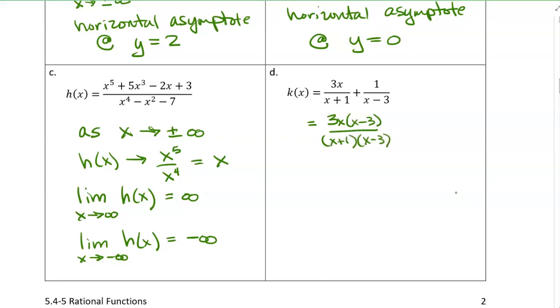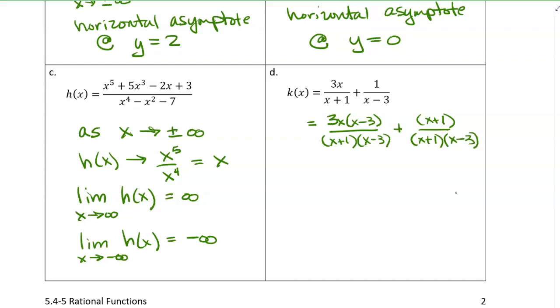Okay, so I haven't changed anything because I'm just multiplying by 1. Now the second fraction is missing a factor of x plus 1, so I'm going to multiply by x plus 1 over x plus 1, and then again x plus 1 times x minus 3 in the denominator.